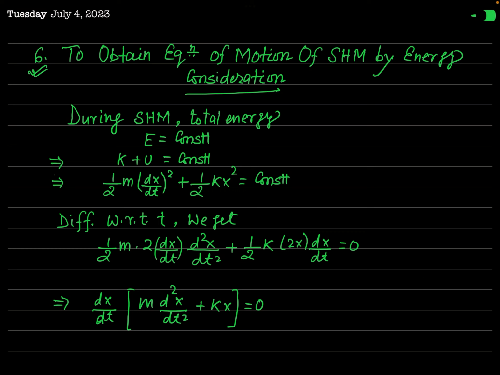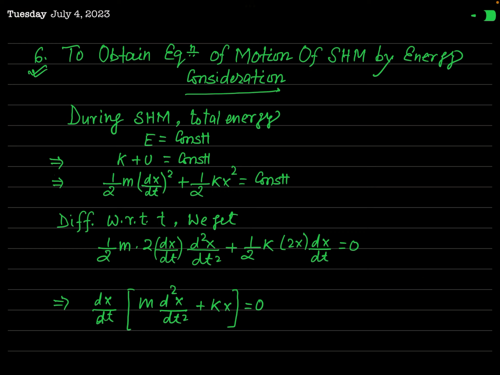Now finally we are going to see how we can obtain the equation of motion of simple harmonic motion by the energy consideration. And as I have told you earlier, this idea is very helpful in solving some of the numerical problems whose solution becomes tedious by the dynamical method.